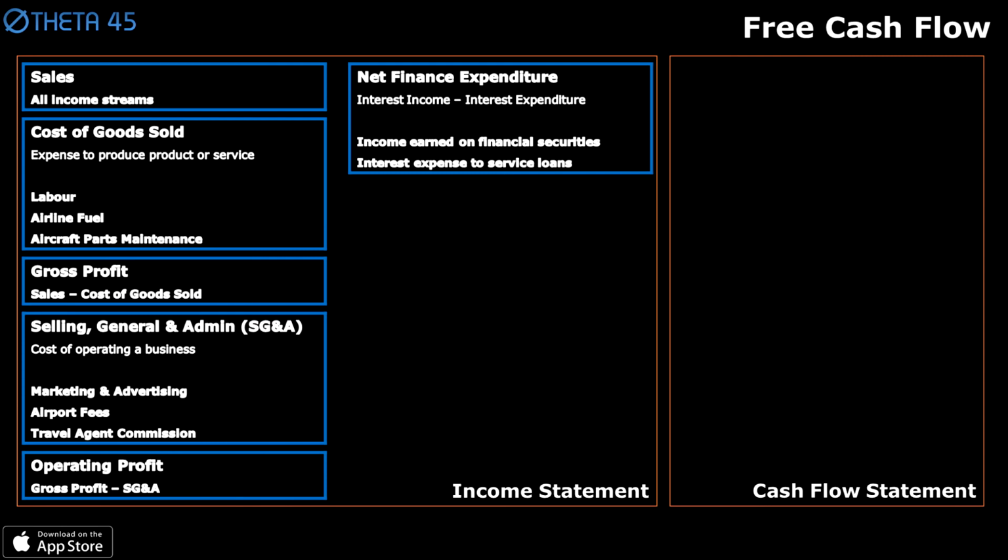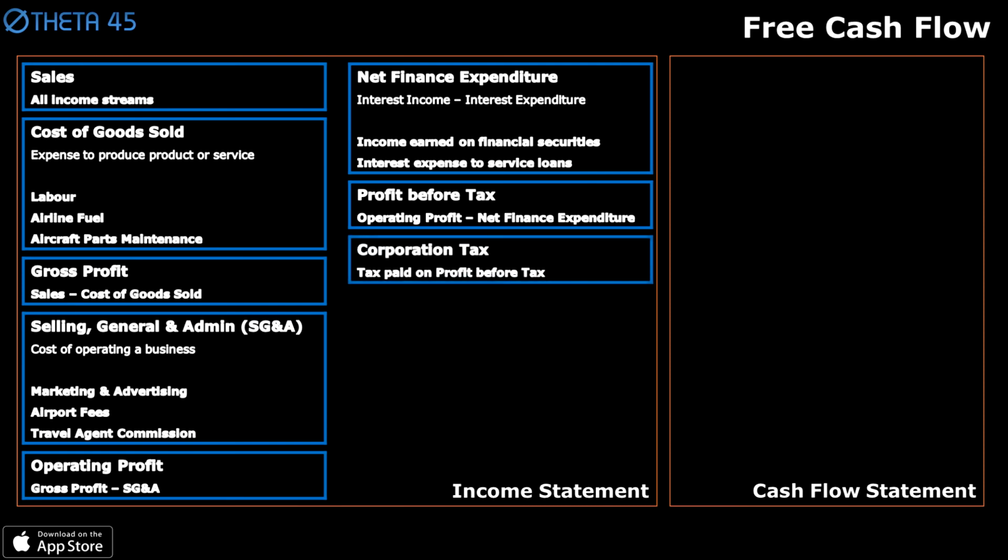This net finance expenditure is deducted from the operational profit to calculate the profit before tax. A company then has to pay the prevailing corporation tax in the jurisdiction in which it is registered. Deducting that gives us the company's net income. The net income is the cash generated from sales.